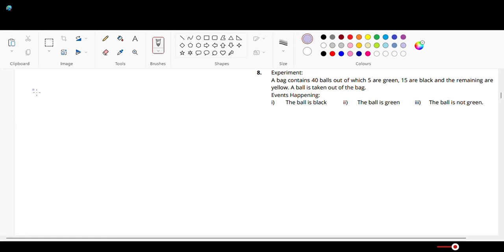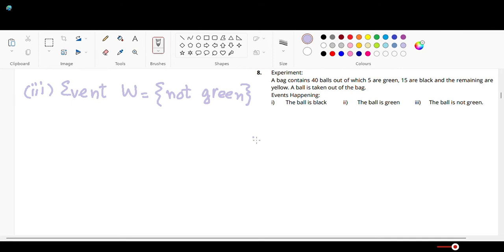Now let's talk about the possibility that we get a ball that is not green. So number 3, let's name it event W is equal to not green. How do we find the number of balls that are not green?